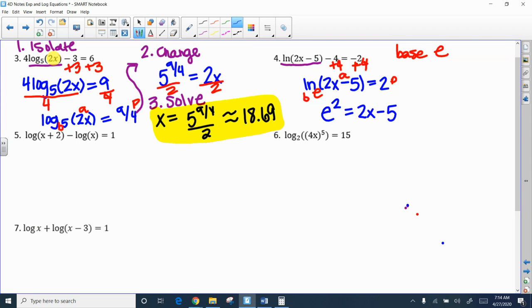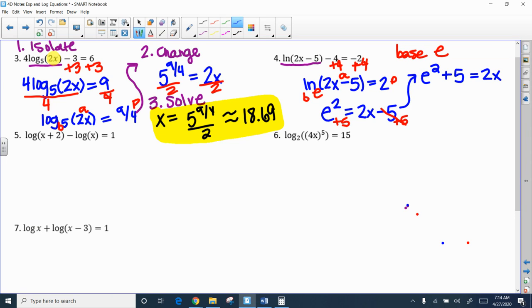And then the last step is to solve. So I'm trying to get the x by itself. So here to get the x by itself, we add 5 to both sides. So I'm going to have e squared plus 5 equals 2x.